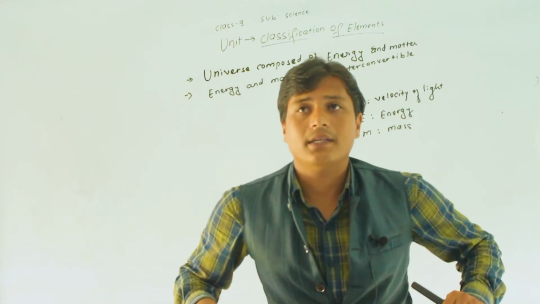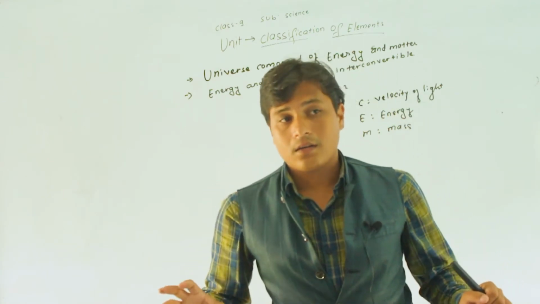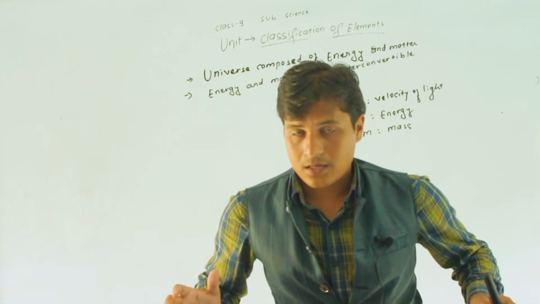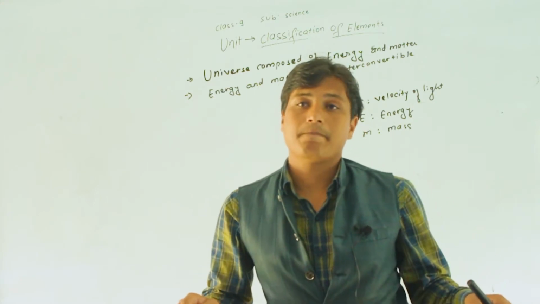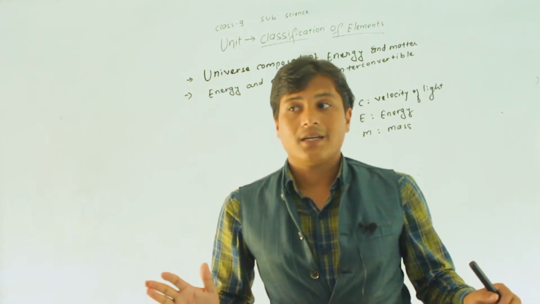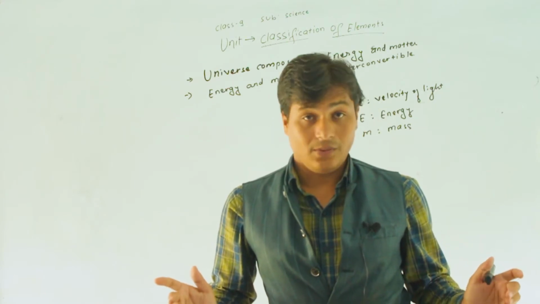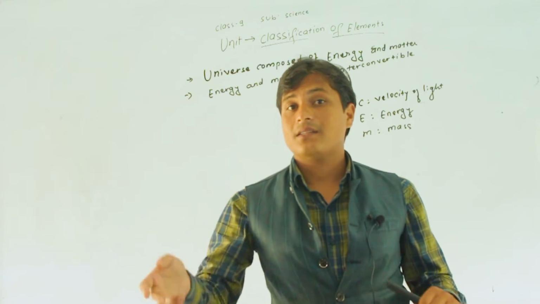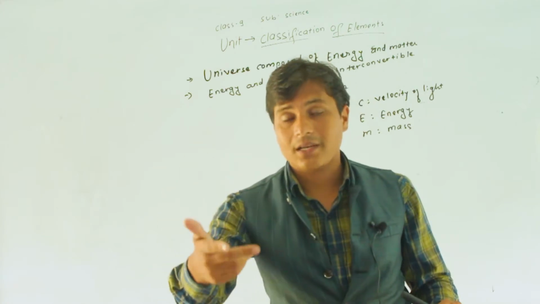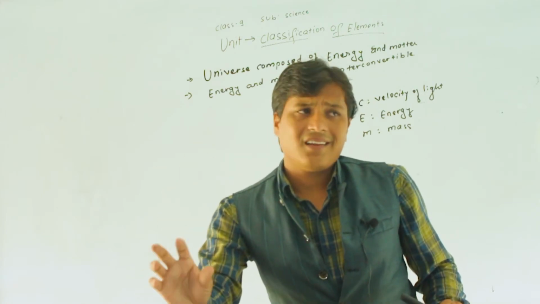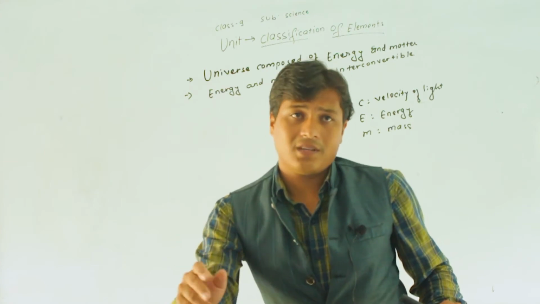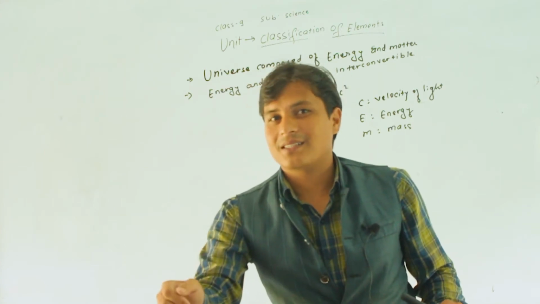This theory tells us that when mass is multiplied by the square of the velocity of light, energy is produced. So mass can produce energy. And the main question is how energy produces mass.